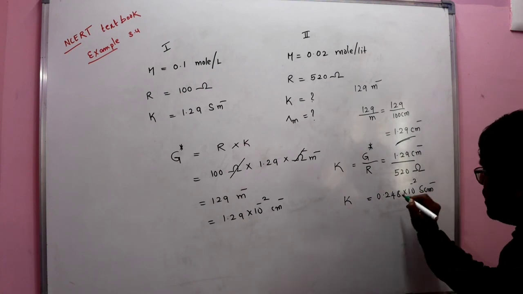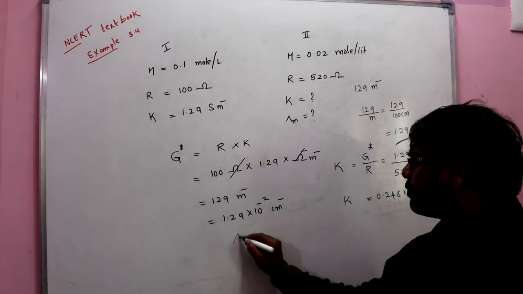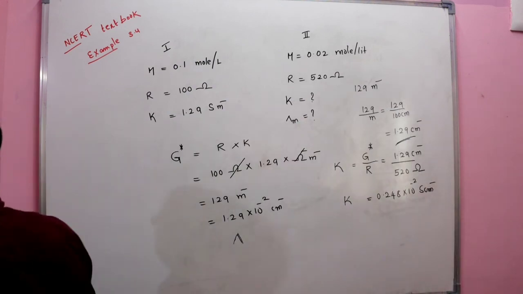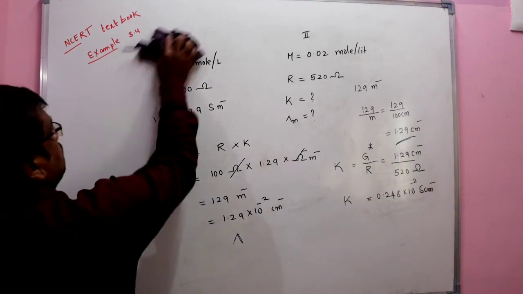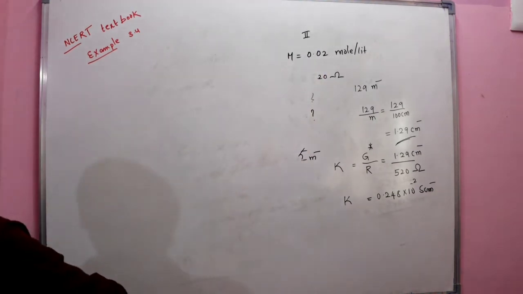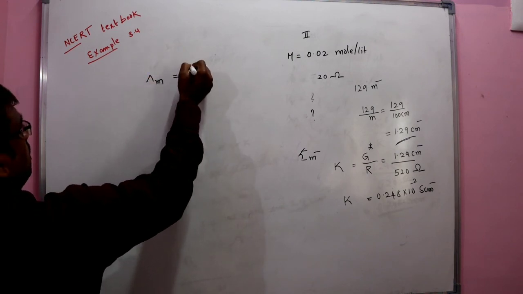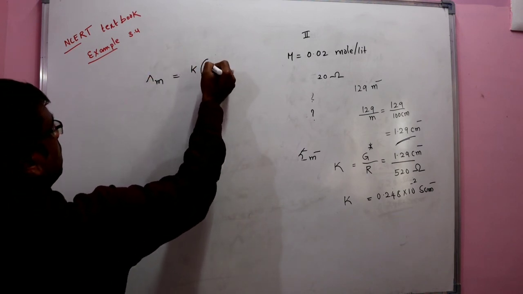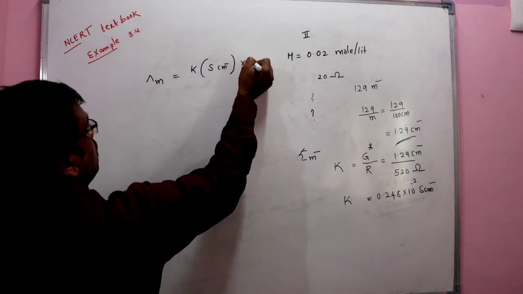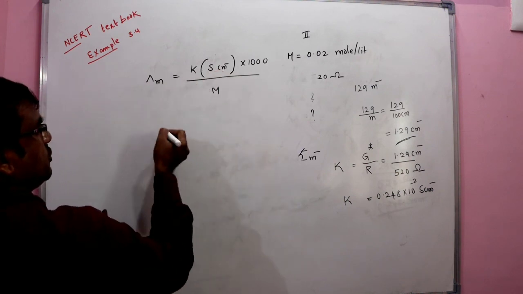If the conductivity is given in Siemens centimeter inverse, then you know what formula we have to use to calculate lambda m. So this is the formula we are using: lambda m is equal to K, given in Siemens centimeter inverse, into 1000 by molarity. K how much is it?